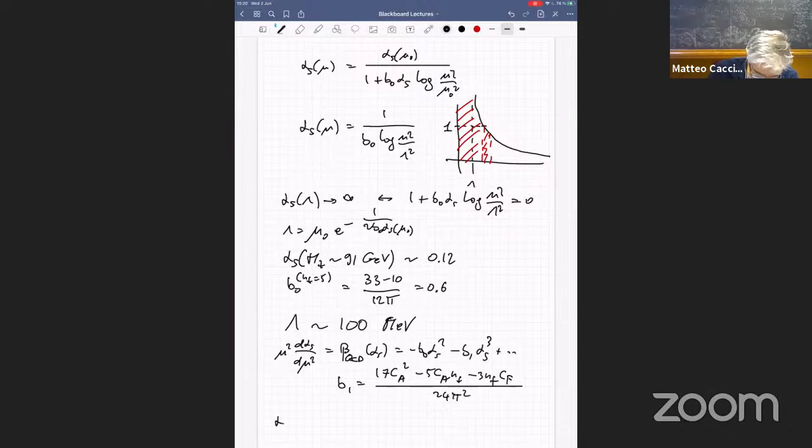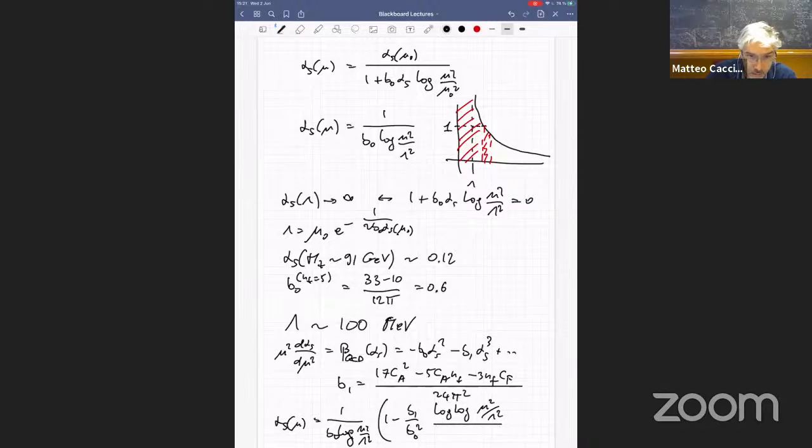And then you write an expression for alpha S, which is 1 over B0 log mu squared over lambda squared, times 1 minus B1 over B0 squared, log of log mu squared over lambda squared, divided by log mu squared over lambda squared.